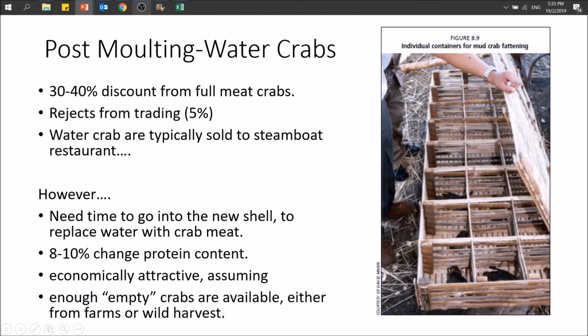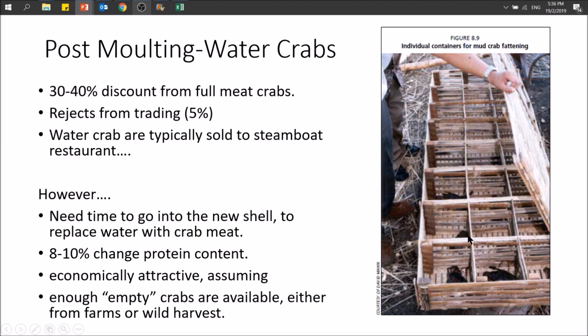Typically, water crabs will retail at about 30 to 40% of the original full-meat crab price, and there will be a typical trading reject of about 5%. Usually, water crabs do not have any demand in the market because they cannot be sold to the end consumer. So what you are doing for fattening is buying these discounted crabs, either from rejects or during harvest, and fattening them up in individual boxes like these for a very short period of time, and you sell them at their full original pricing.